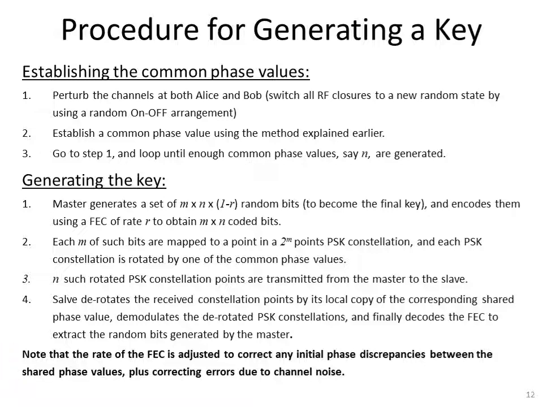And also, as mentioned, the rate of the FEC is adjusted to correct any initial phase discrepancies between the shared phase values, plus correcting errors that will occur because of the channel noise in the step of transmitting the rotated constellation from master to the slave.